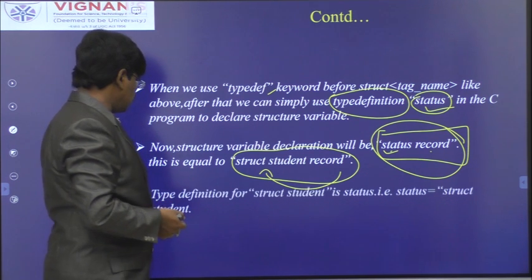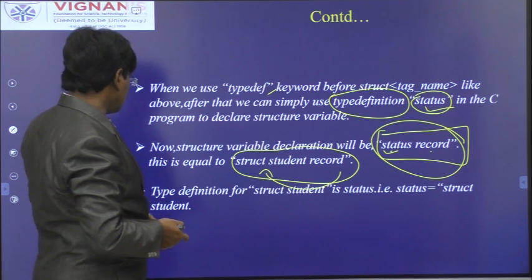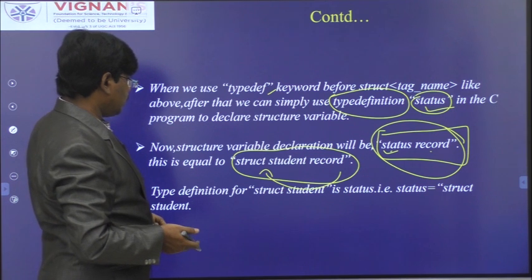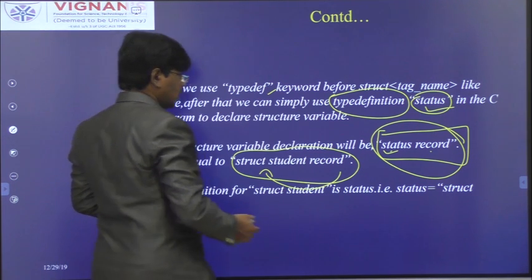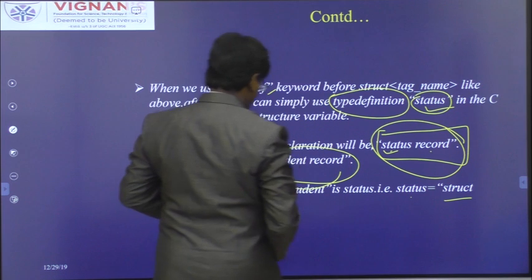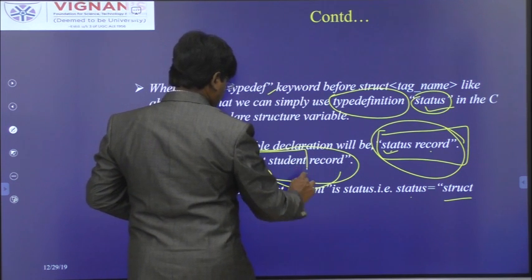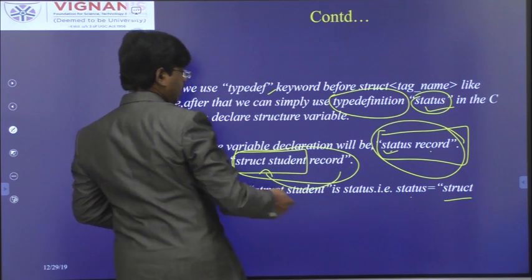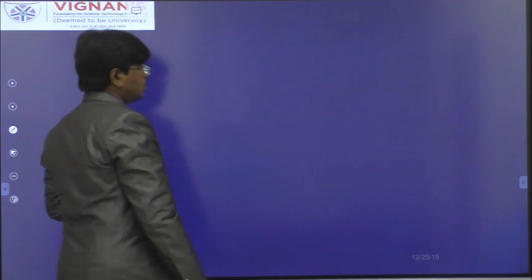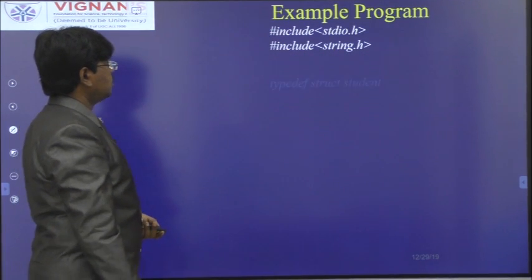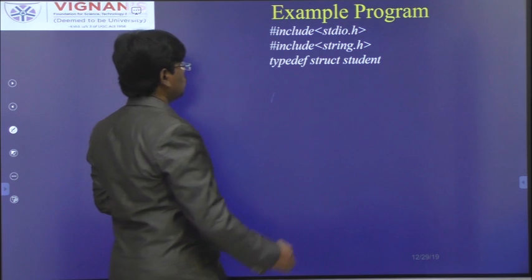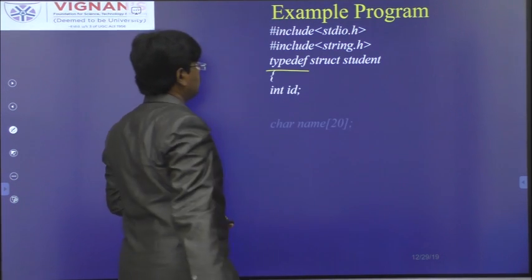You can see with the example program you can understand. Okay, type definition struct student is nothing but that is status. I have changed the status equal to struct student. So hope you understand this particular name we have changed like status. Okay. So the example program you can see here. This is a student structure and I have used type definition here. Okay.